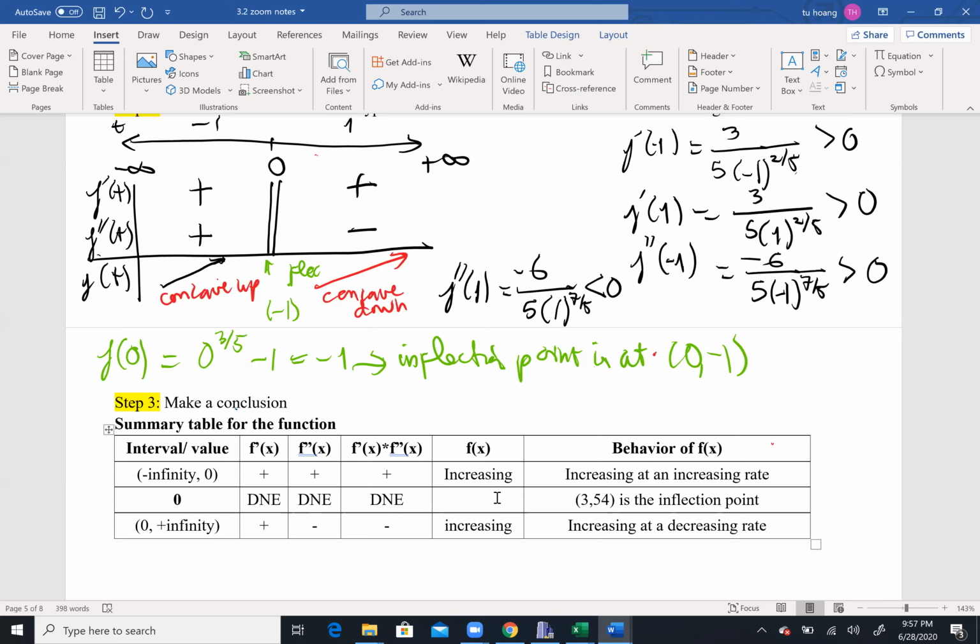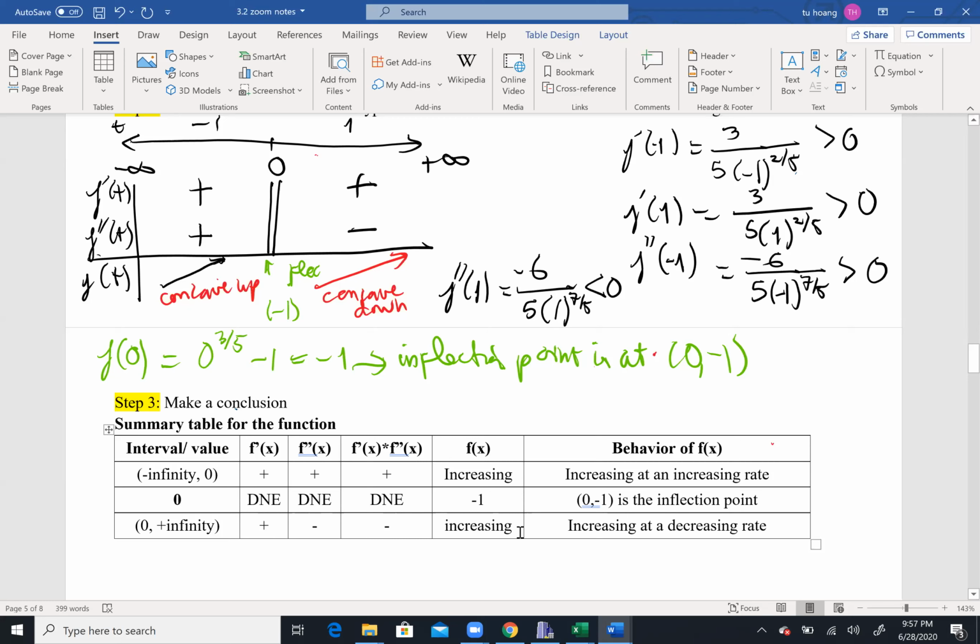But for the f(x), it is -1, and I say 0, and -1 is an inflection point. And from 0 to positive infinity, for the f(x) positive, but the second derivative can be negative, so the product has to be negative.